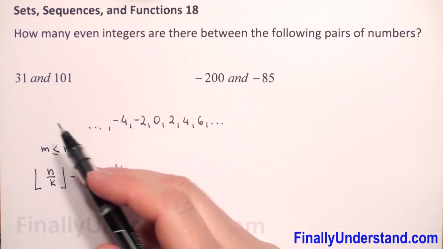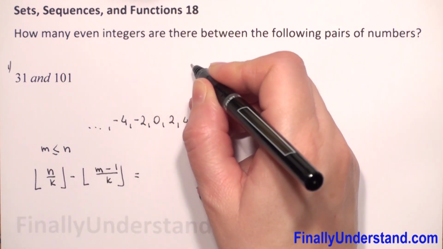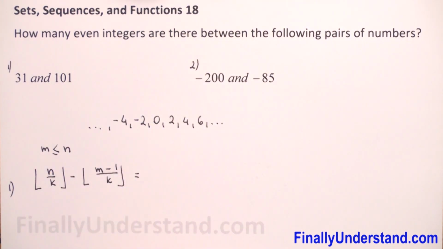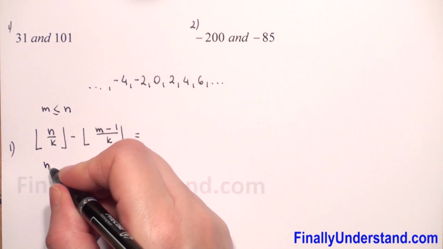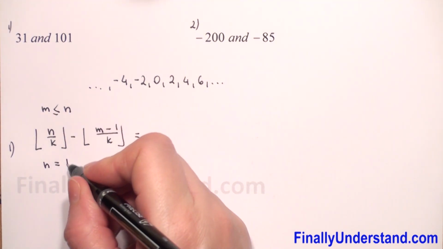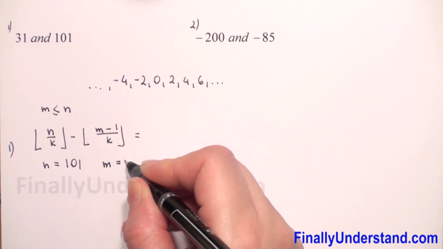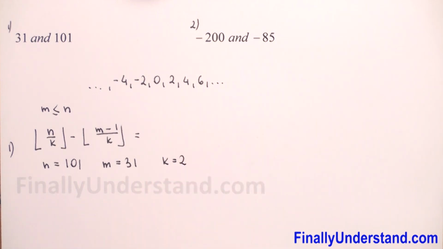floor of n over k minus floor of m minus 1 over k. Second, for the first example, our n is equal to 101, m is 31, and k is 2.